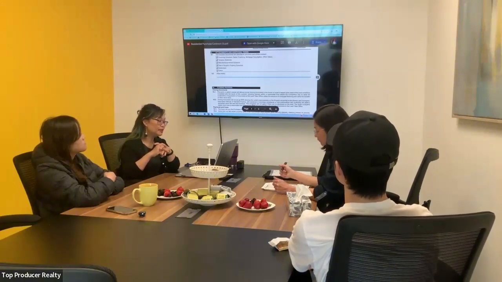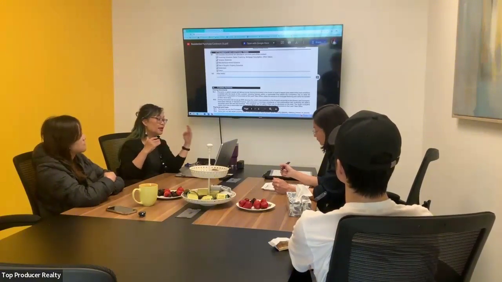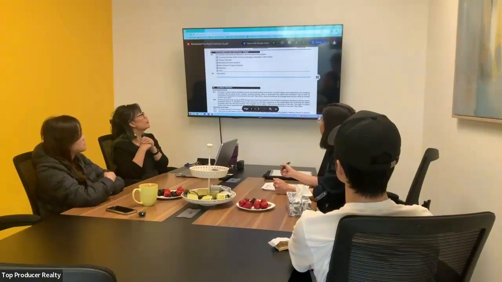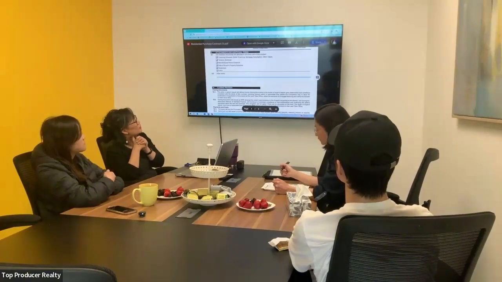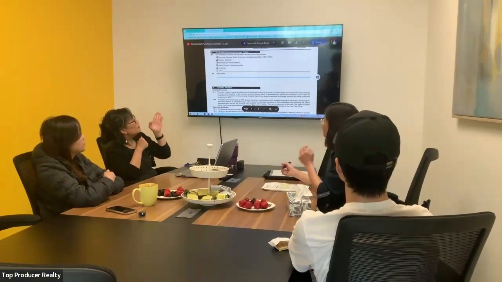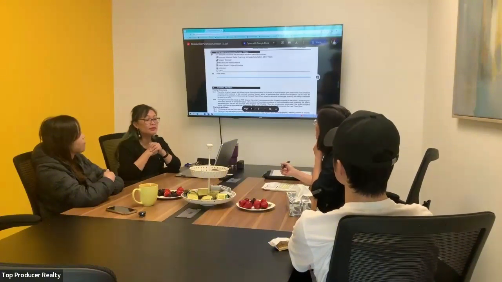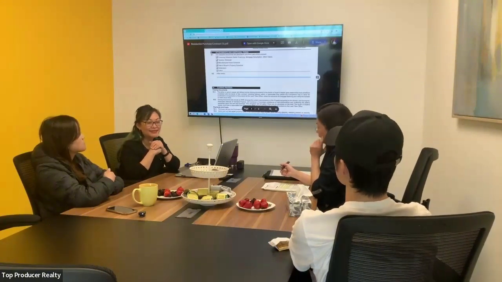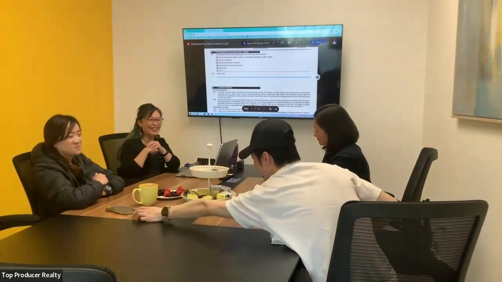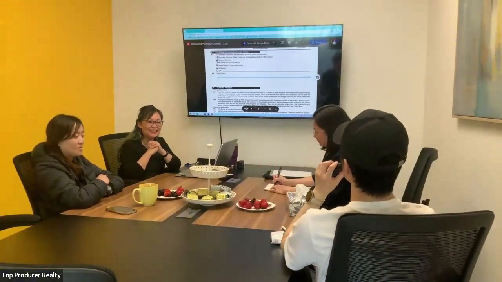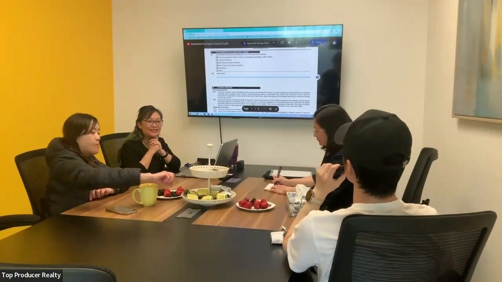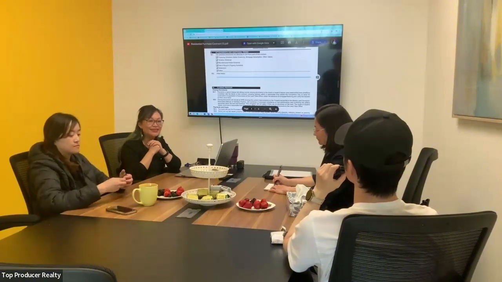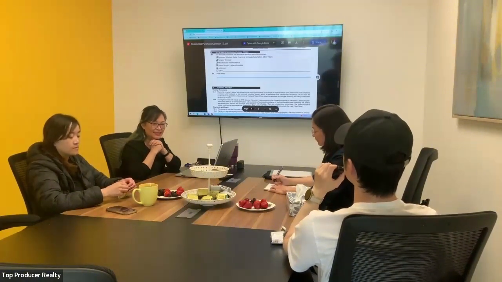Other terms means if it's not in those check marks, you put it in other terms. So what's the difference between terms and conditions? Condition is, if the condition is not fulfilled, the contract is not in effect. Yes. The term is in the contract.